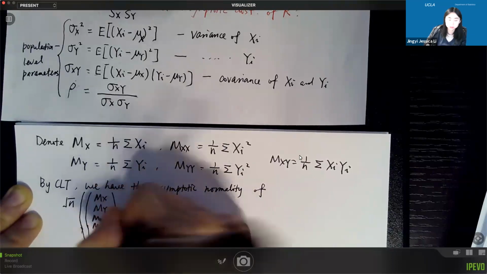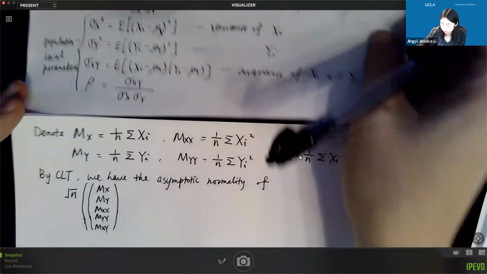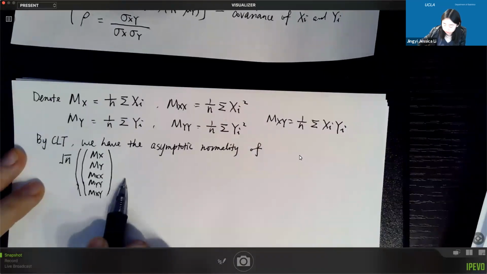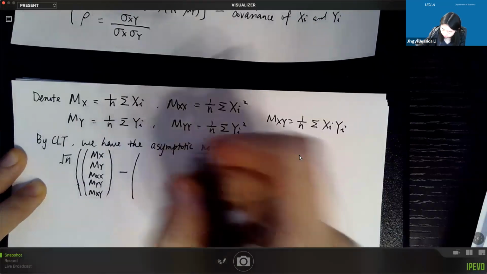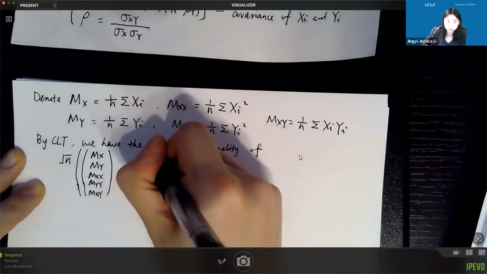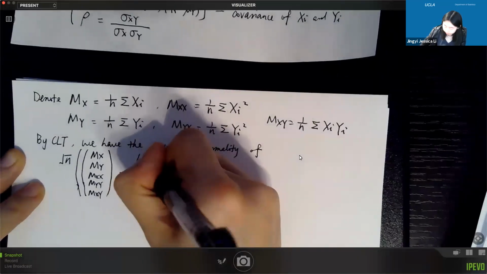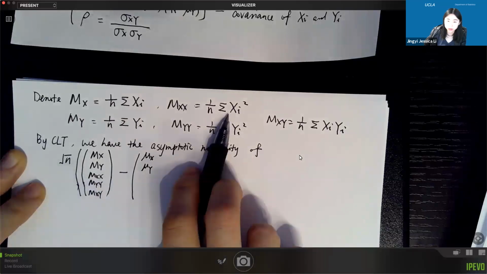This vector consists of sample means, and we subtract their respective expectations. So this one will be mu x, and this will be mu y, and this one is the expectation of the square.